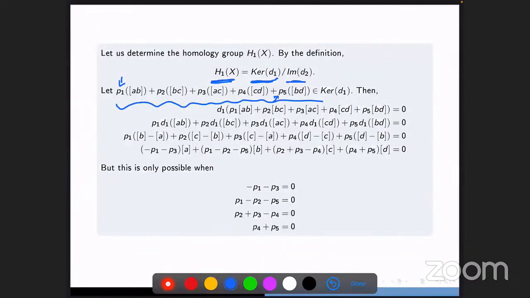So we are taking a linear combination of these generators. And if this element is picked from the kernel of D1, D1 should be mapping this sum to 0, right? So since D1 is a homomorphism, we can rewrite it this way. We can observe what happens at each generator and then take the sum.